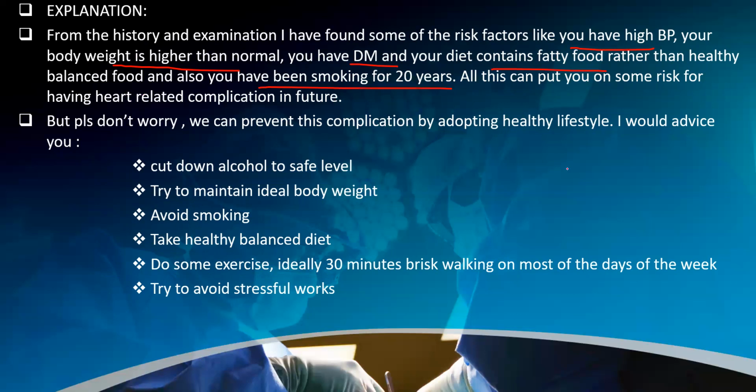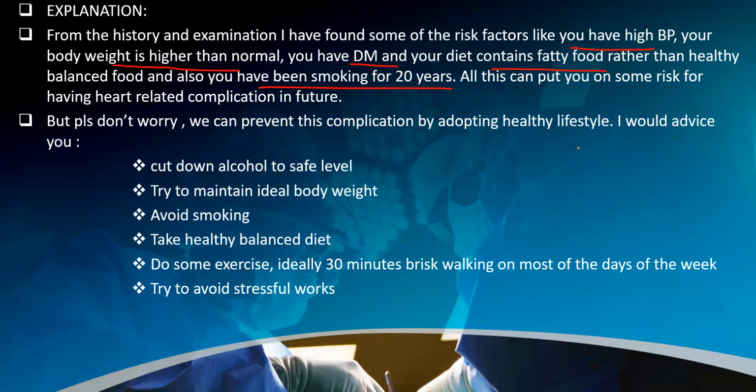And also you have been smoking for 20 years. All this can put you at some risk of having heart-related complications in future. I haven't got the 5-yearly risk assessment chart with me now, but when I get it, I will put all your risk factors on that chart to get a definitive risk for you in the next 5 years. You can always say something like that.